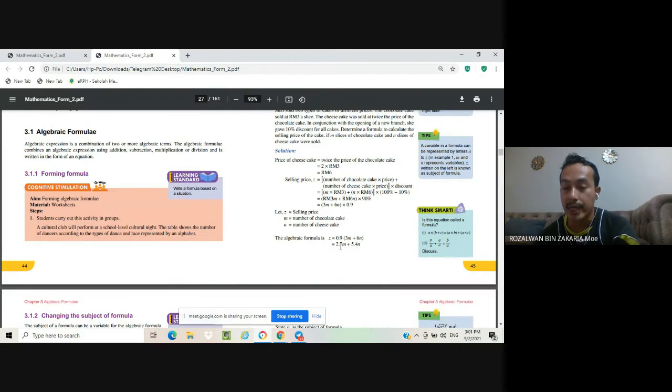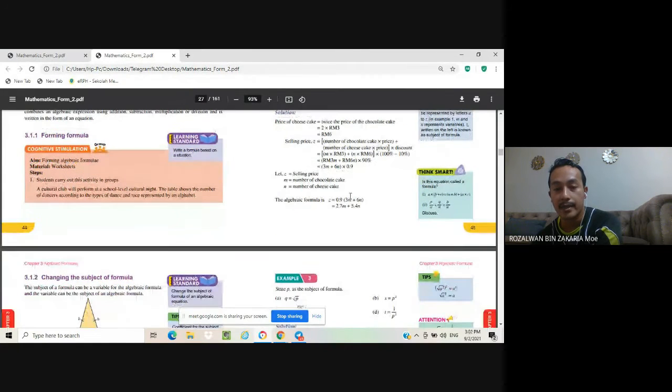You get this after you expand. 0.9 multiply with the 3M equal to 2.7M. Then 0.9 multiply with the positive N, you will get plus 5.4N. All right, so that's the answer for that one.